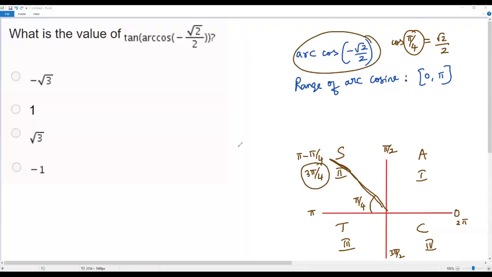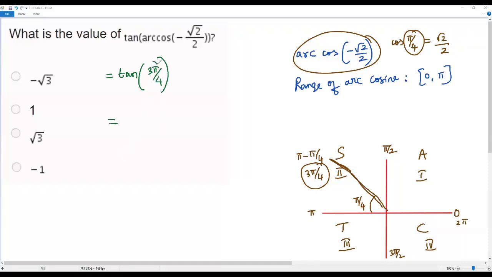So the value of arccosine of negative square root of 2 over 2 is 3 pi over 4. I can plug in 3 pi over 4 for arccosine of negative square root of 2 over 2. Let me continue the steps over here. So tan of arccosine of negative square root of 2 over 2, we can write as tan of 3 pi over 4. Now we have to get the value of tan 3 pi over 4.